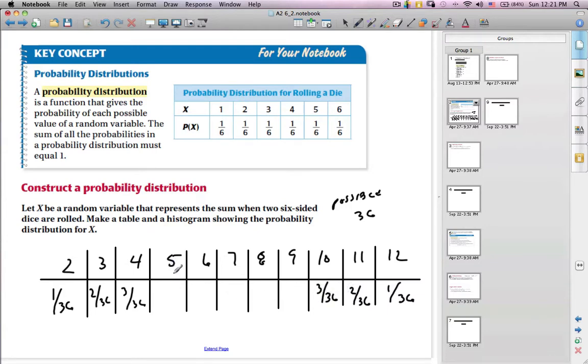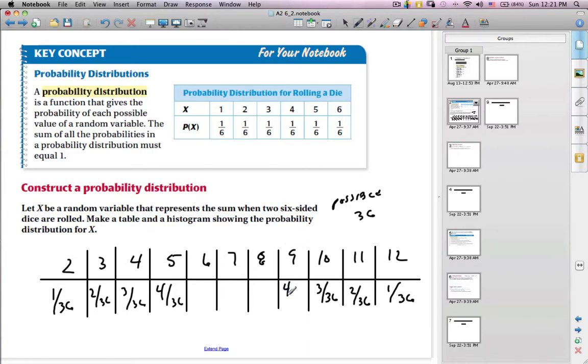Now when we talk about how 5 could come up, I could have a 1 and a 4 or a 4 and a 1, that's 2. I could have a 2 and a 3 or a 3 and a 2, so that's 4 different ways this could come up. And that's the same with 9. I could have a 3 and a 6 and a 6 and a 3, or a 4 and a 5 and a 5 and a 4, and that would be 9.